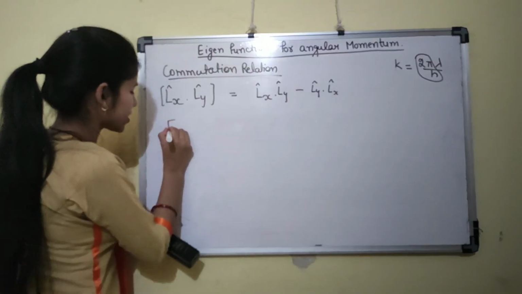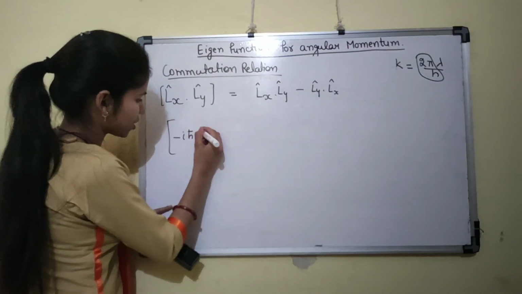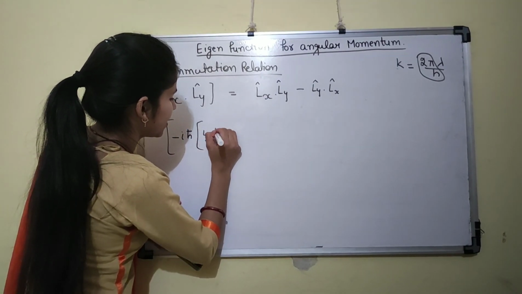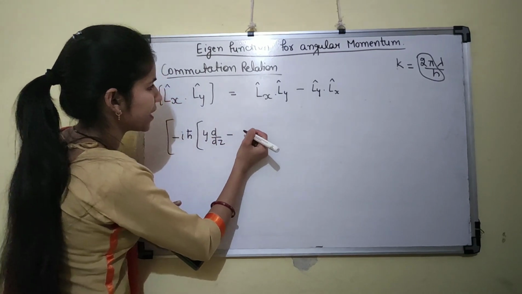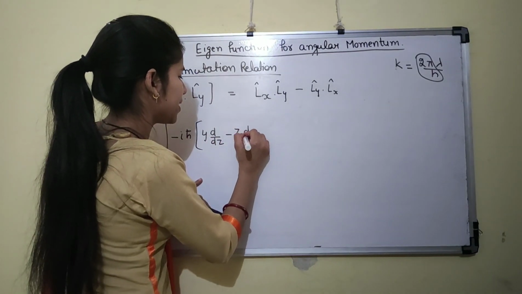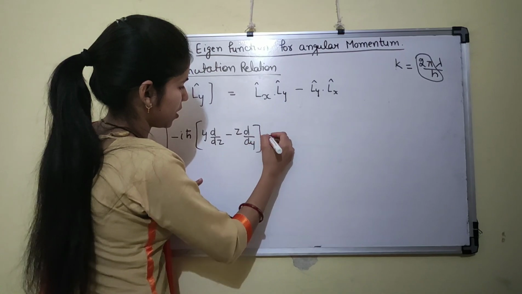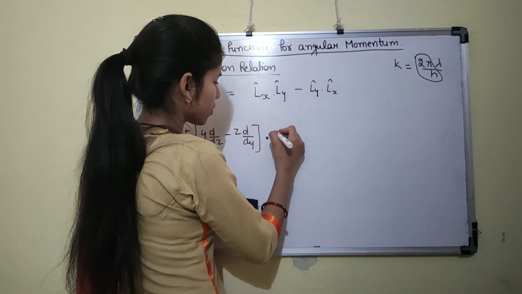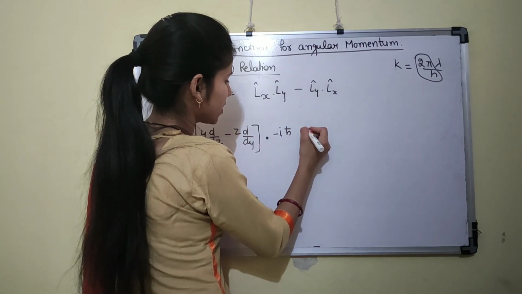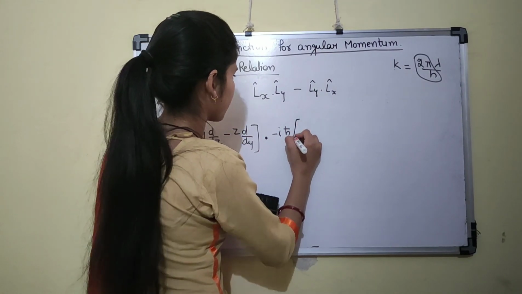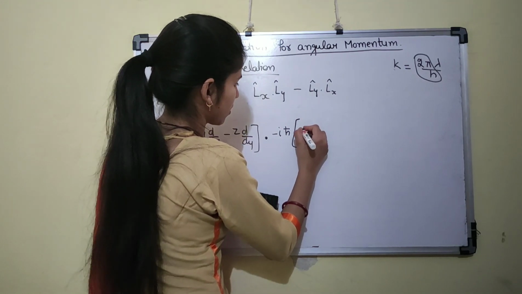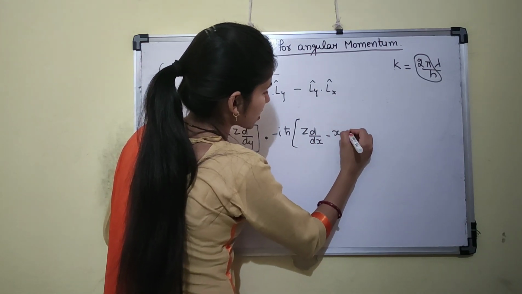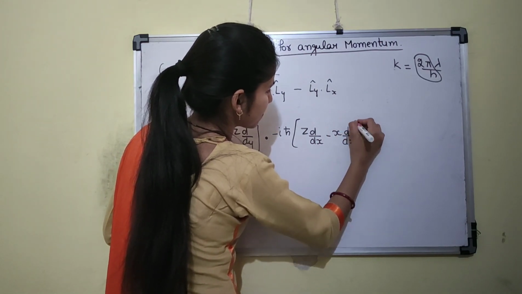The value of Lx is minus iota h cut, y d by dz minus z d by dy, and into the value of Ly, which is minus iota h cut, z d by dx minus x d by dz.